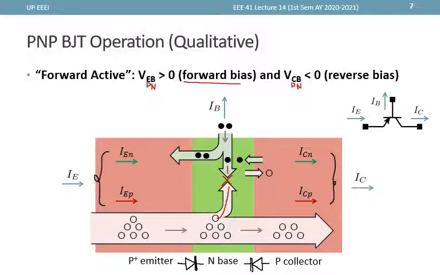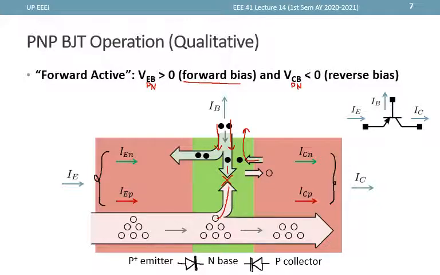Now note that this current here is actually some electrons going into the base from the collector, and that can be seen as some electrons going out of the base from the device. Now this electron flow here that is recombining with the holes is actually some electron flow going from outside of the device into the base, and this electron flow here at the left is also going into the device through the base.